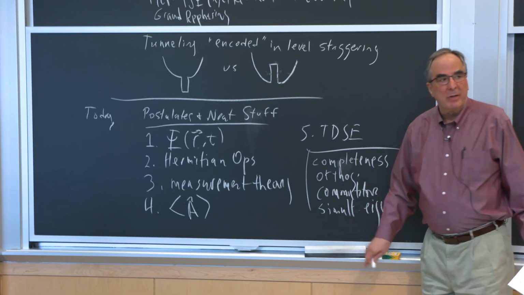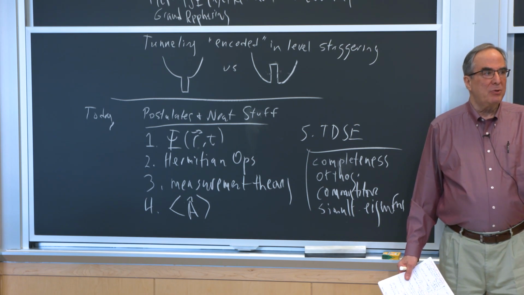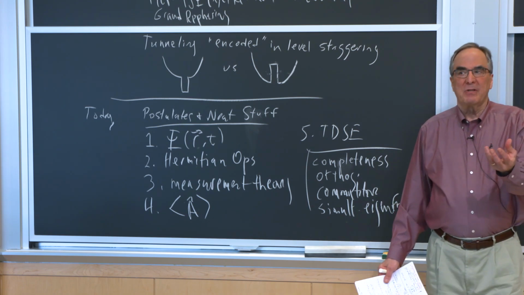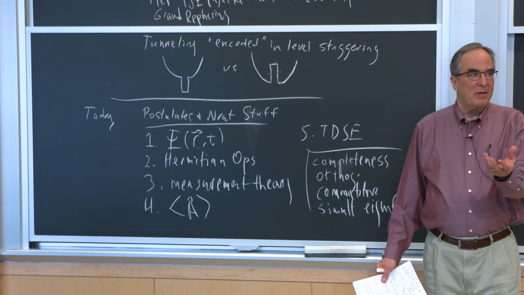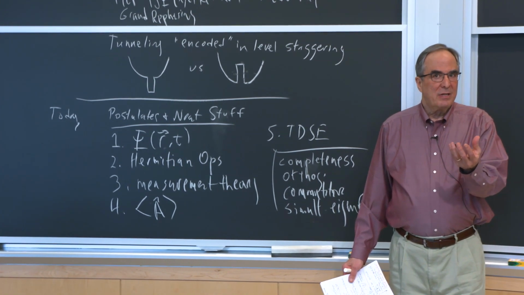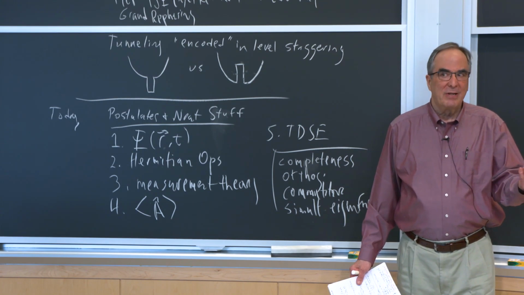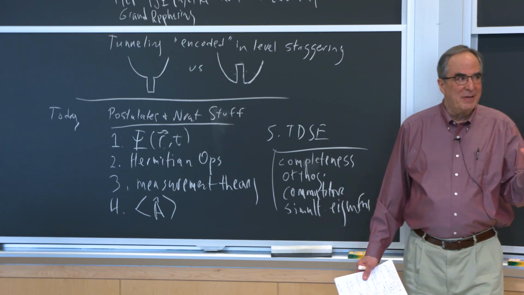And this is really important. Suppose we have an easy operator which commutes with the Hamiltonian, and it's easy for us to find the eigenfunctions of that operator. Those eigenfunctions are automatically eigenfunctions of the hard operator. So we like them.